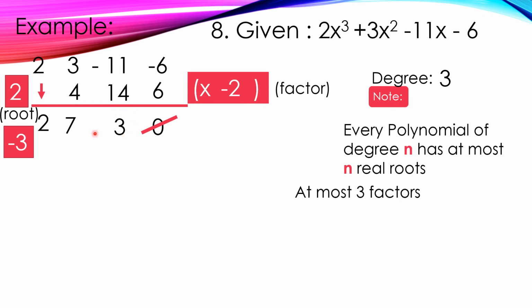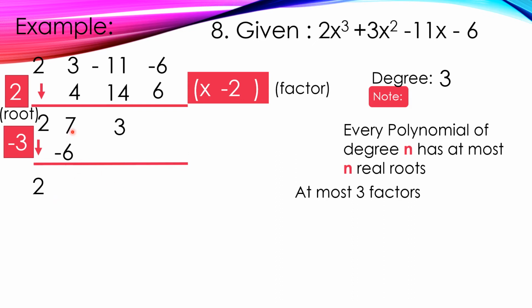Now, since the last term is 3, let us try 3. You may use either positive or negative. So let us try negative 3. Then again, draw a long line. Then bring down positive 2, then multiply the bottom row to our multiplier. So 2 times negative 3, that is negative 6.